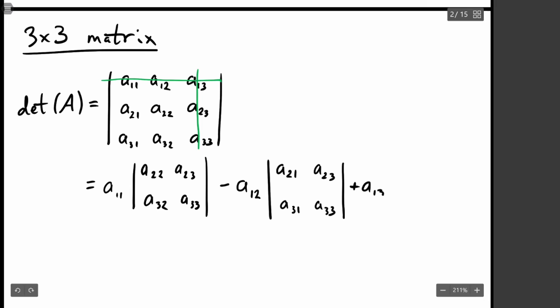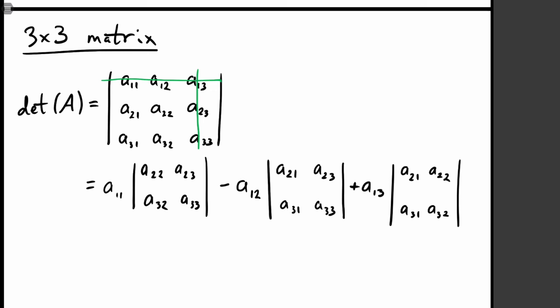Okay, so this is A21, A22, A31, A32. Right? And now we've expanded out the determinant of this 3 by 3 matrix into a combination of 2 by 2 matrices.